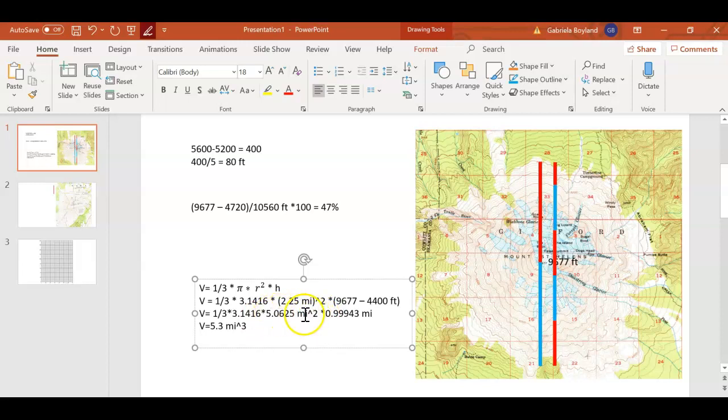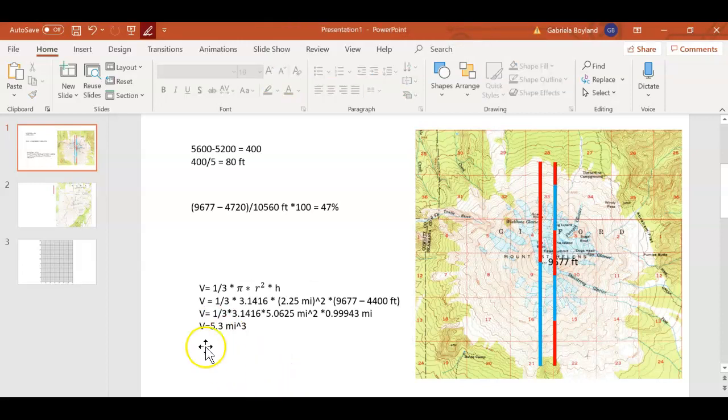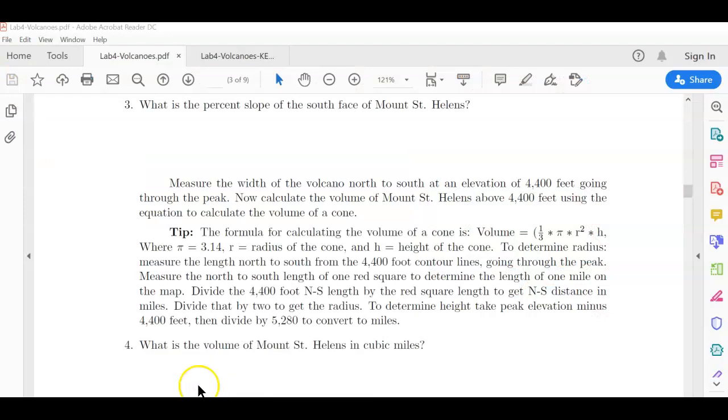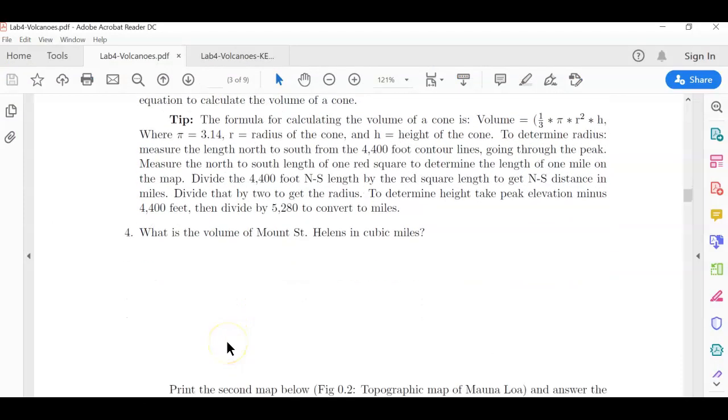So in this case, because this was the radius squared, you get miles squared, and then you're multiplying that times the height, which is also in miles, so you get miles cubed when you're calculating for the volume of that cone-shaped volcano. Excellent. So that takes us through question number 4.